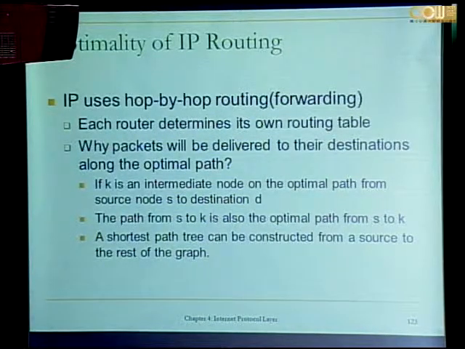So the problem can be restated as this. From S to D. S is the source and D is the destination, and K is the intermediate node, most likely a router, on the optimal path.